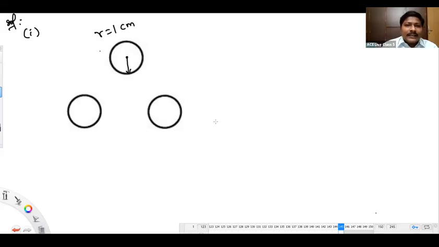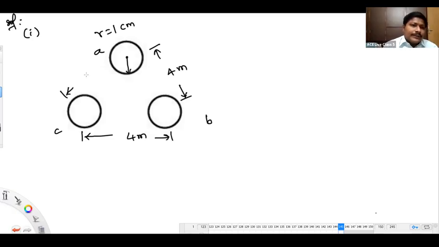You call it a phase A conductor, phase B conductor, phase C conductor. The distance between these conductors is 4 meters, between each pair again 4 meters. Very simple.